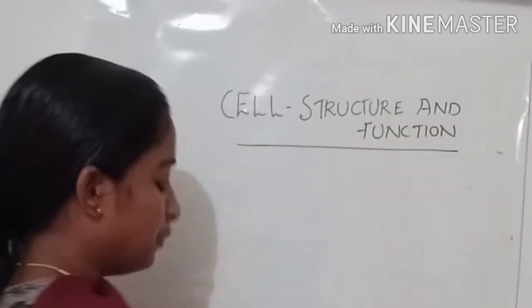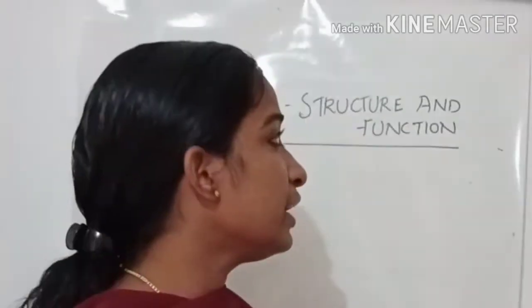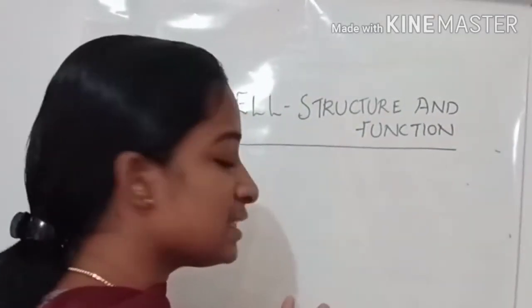I told you that in our world living and non-living things are there. In living things, each organ performs different functions, and each organ is made from different cells. So today you will learn what a cell is, what its structure is, and what its functions are.